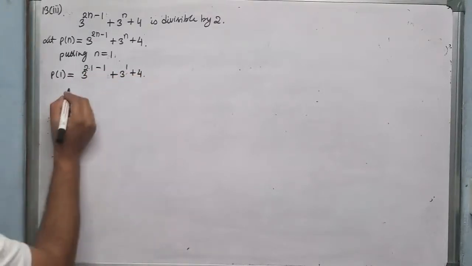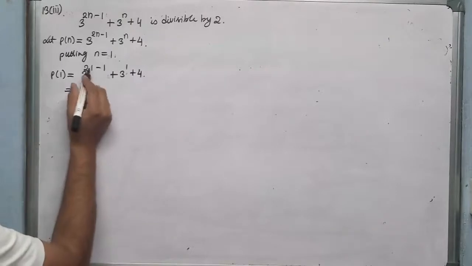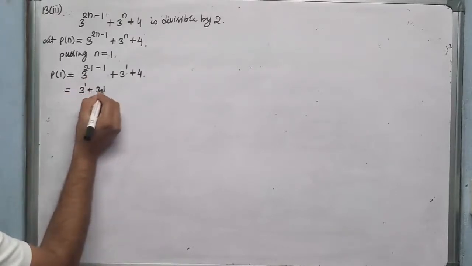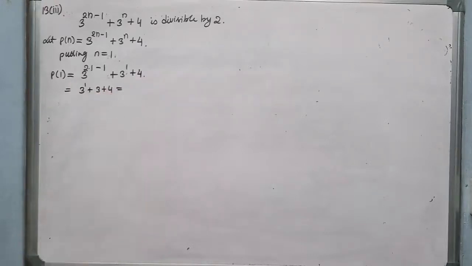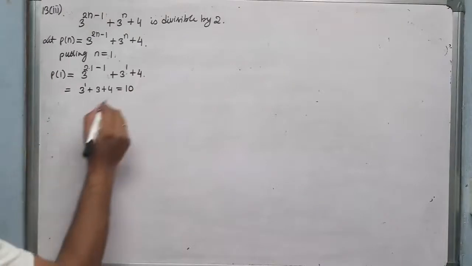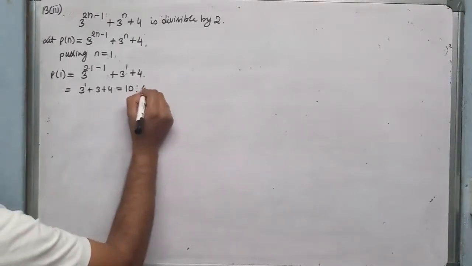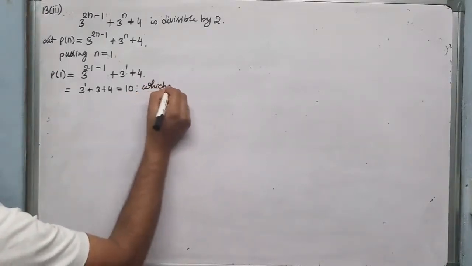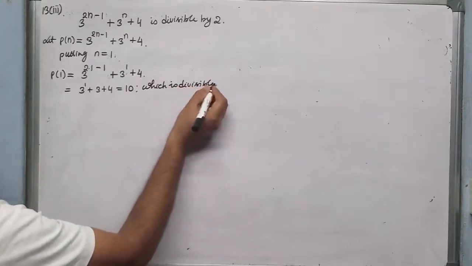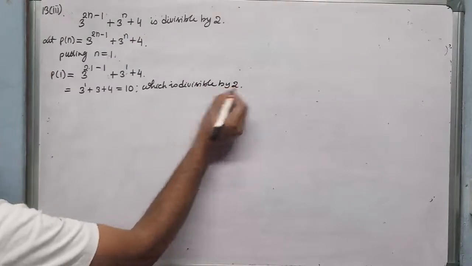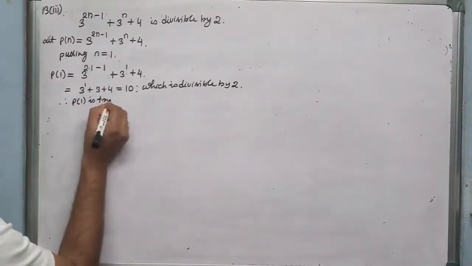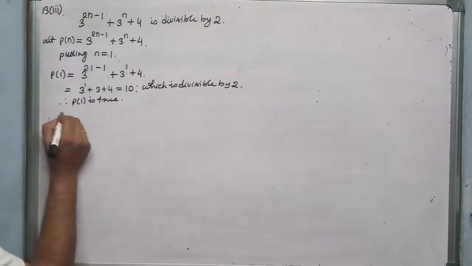After simplification, 2 into 1 is 2, 2 minus 1 is 1, so 3 plus 3 plus 4 is 10. And 10 is divisible by 2. Therefore, P1 is true.